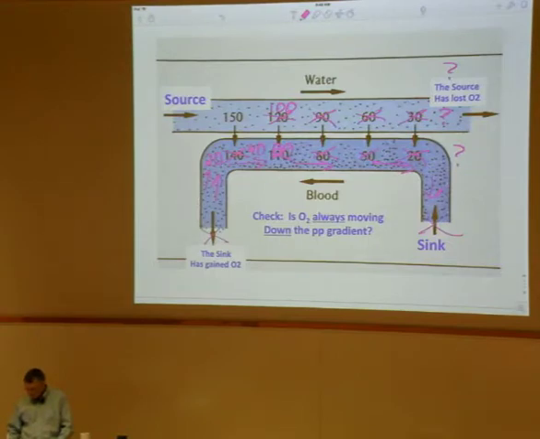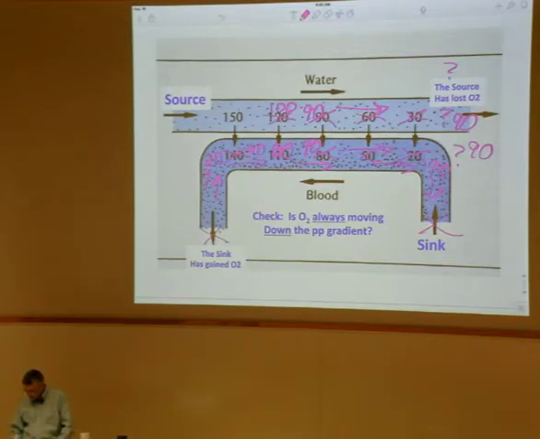Okay? And then a little further, is it still as fast, gas exchange? Not especially fast. Maybe by here we get to 90 and 90, and now what happens? It just stops. Okay, does that make sense? Okay.